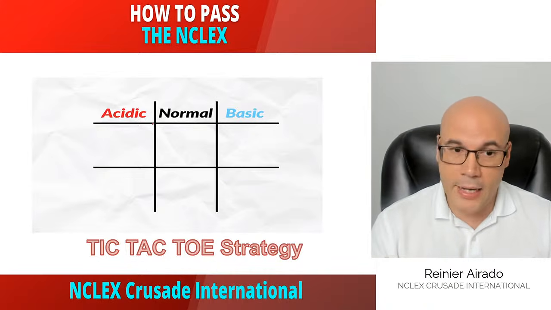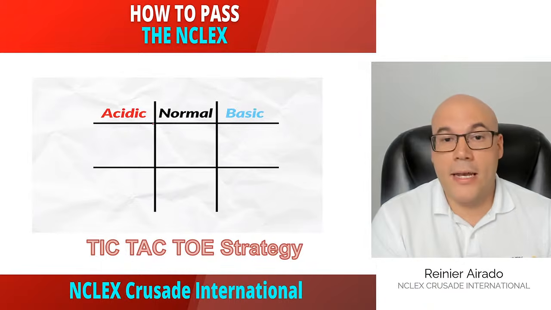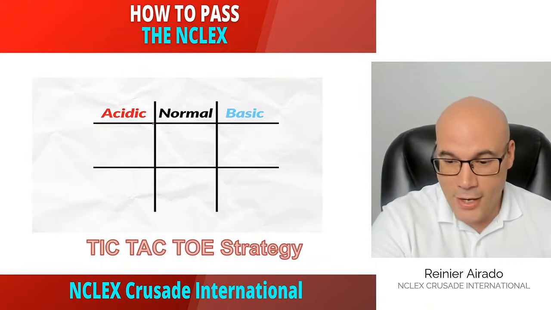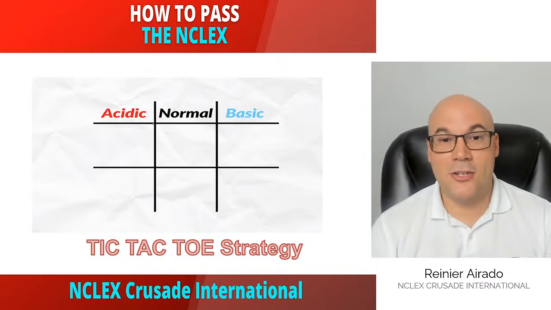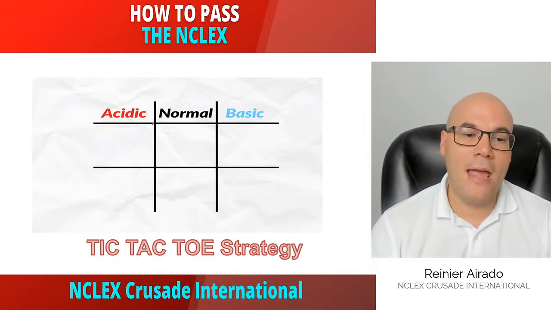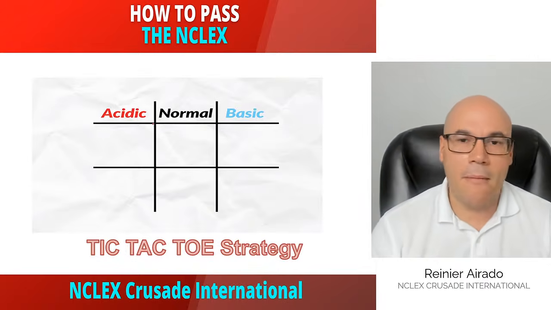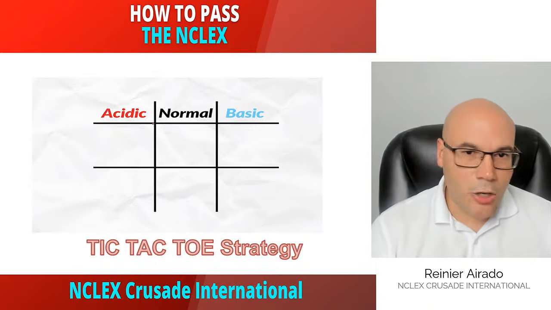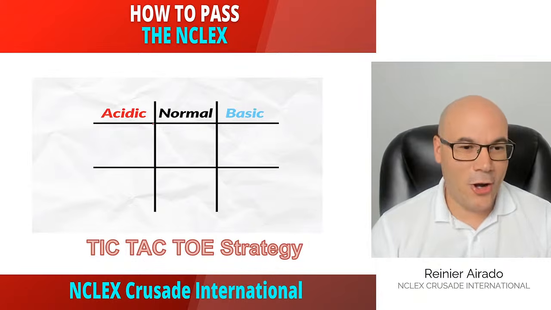So bottom line, you have to learn how to interpret ABGs. If you are in the nursing program, that is totally different. They will ask you to interpret ABGs on maybe a med-surg exam, a midterm exam, or a pharmacology exam. So definitely learn this strategy.